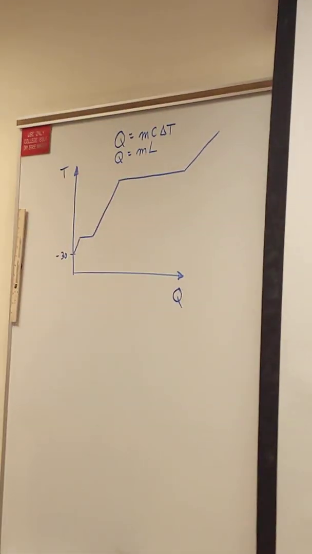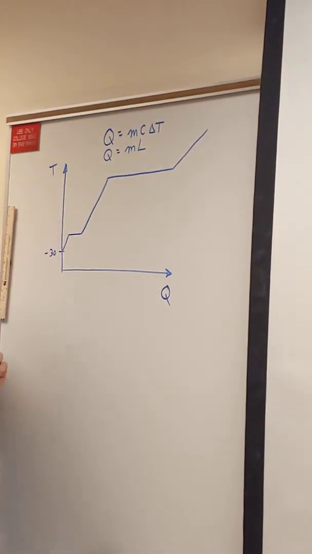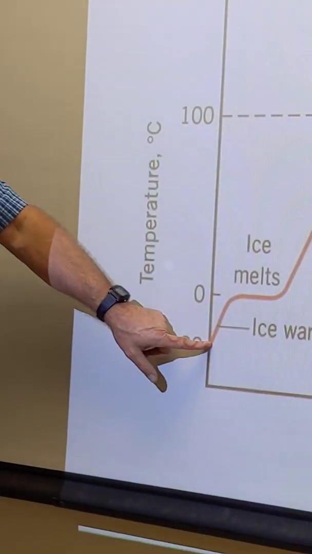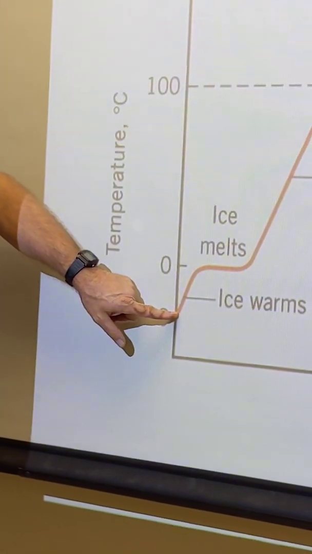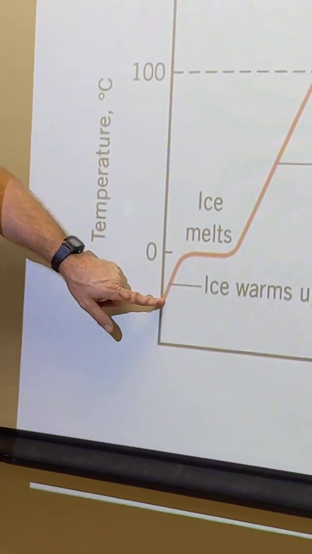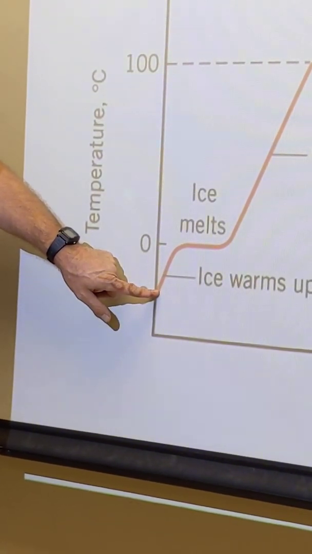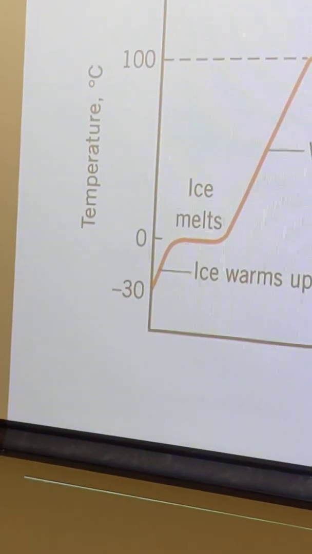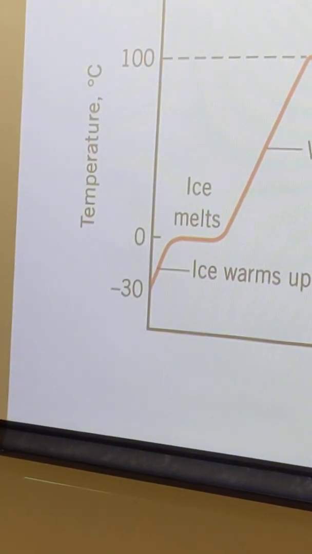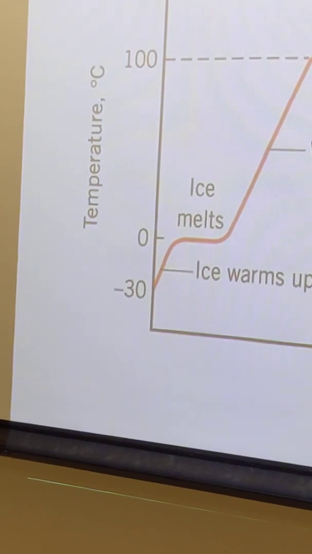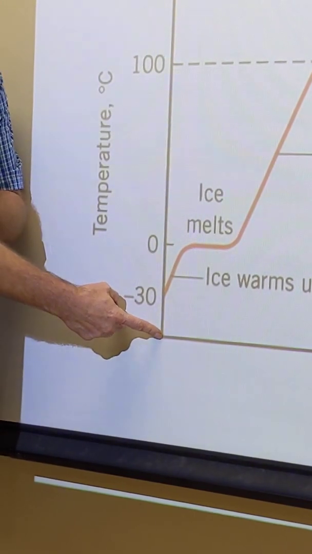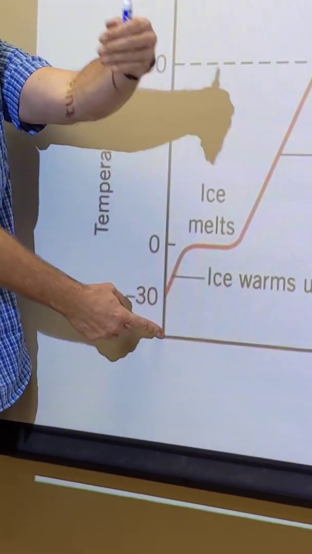Here's how I like to think about it. Tell me about the state of water, and this is water, by the way, but you can imagine this is true for a lot of solids to liquids to gases, okay? What's the state of water at negative 30 degrees Celsius? It's a solid, right? And this picture is telling me, right here, I have 0 heat put into the system.